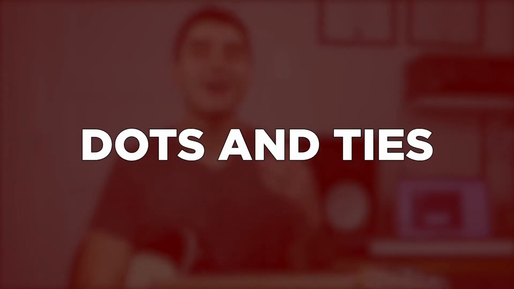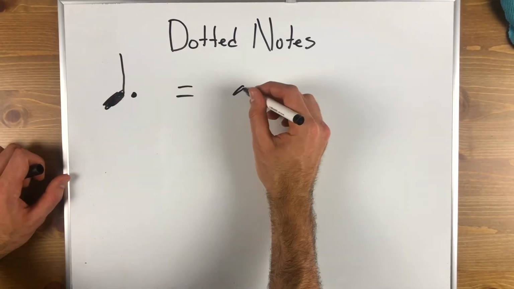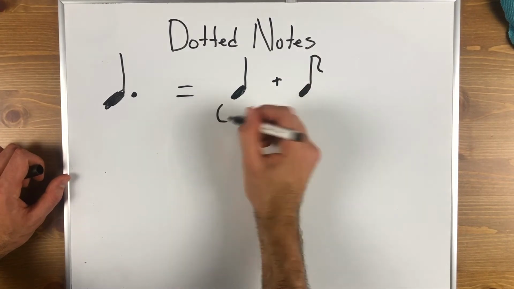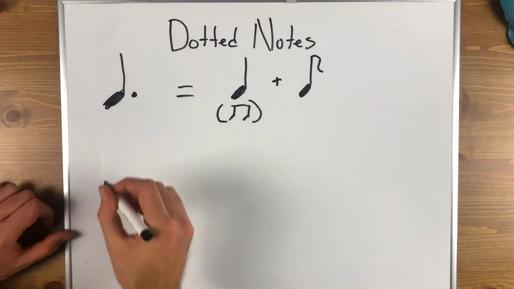Okay, now we're moving on to dots and ties. Now, dots and ties can be really, really confusing for some people, but I'm gonna explain it to you in the simplest way I know how. A dot is simply something that you can add to any note that adds 50% of the value of that original note. So let's take a quarter note. A quarter note, like I said, in 4/4 time is 1 beat.